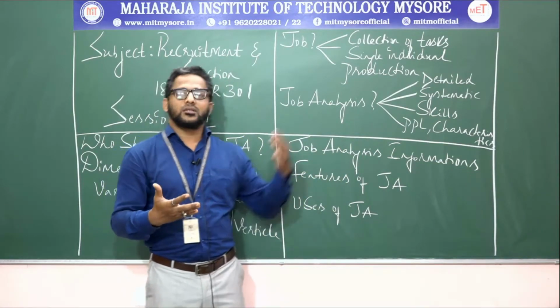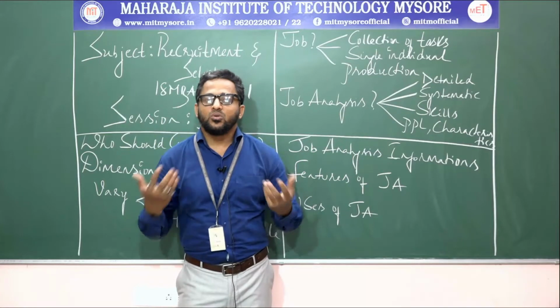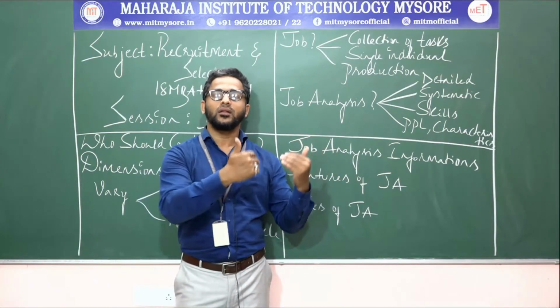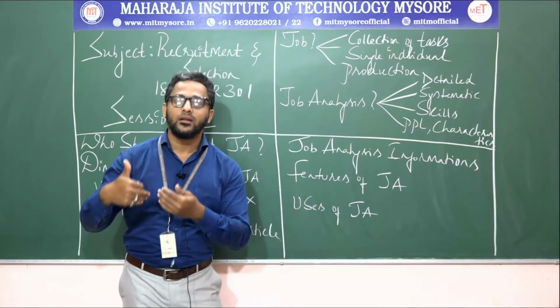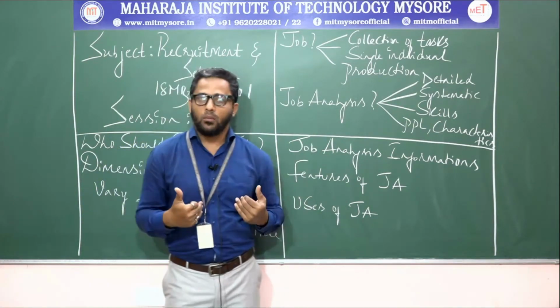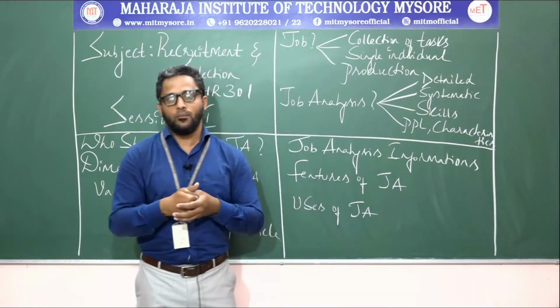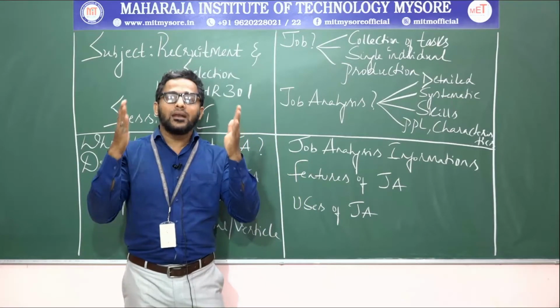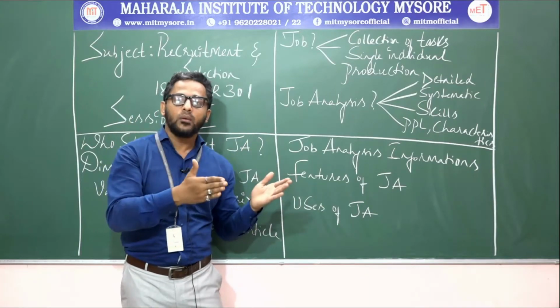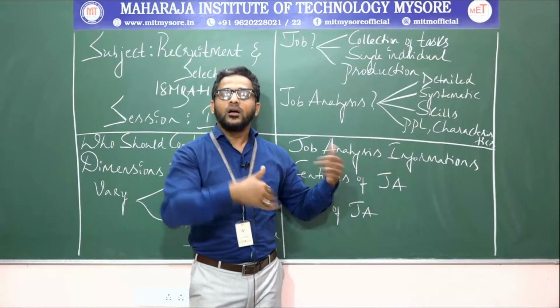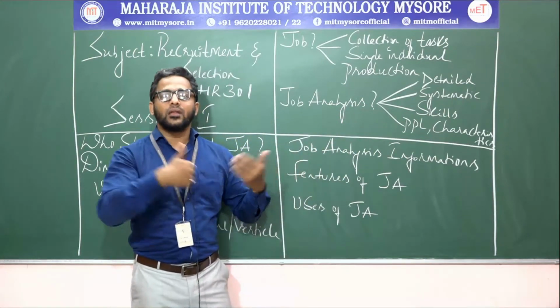I cannot just say, you are an executive manager. So I have to state the nature and the characteristics of an executive manager. If I say salesperson job, then I have to say what the nature and characteristics of a salesperson job are. So I am making an employee understand his job by deriving the job characteristics and nature.